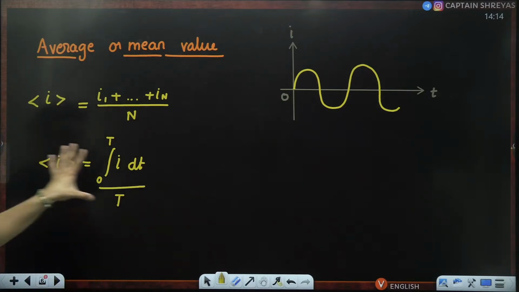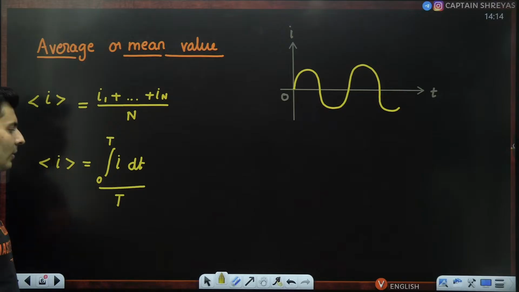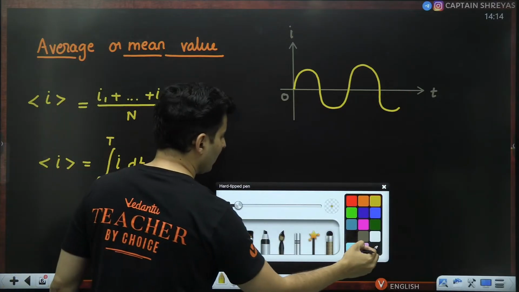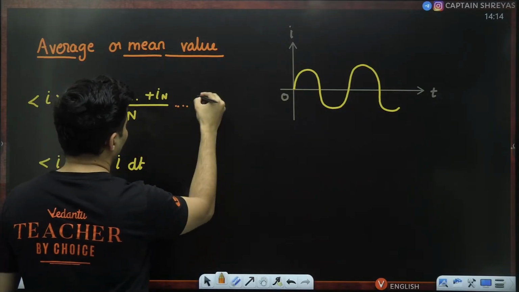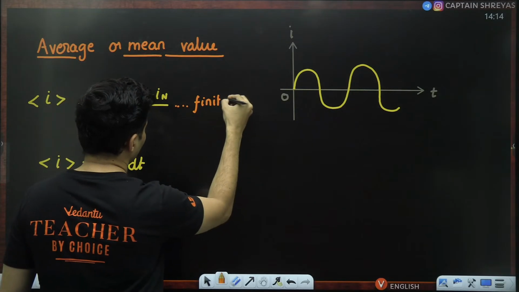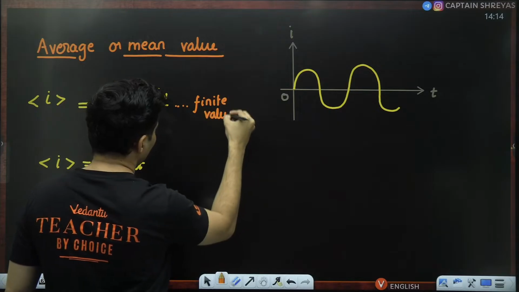So this is the typical formula for finding the average value of the current, or the voltage. This is for finite values.